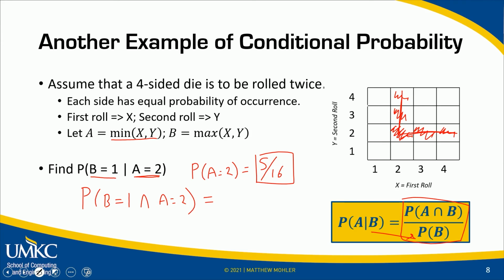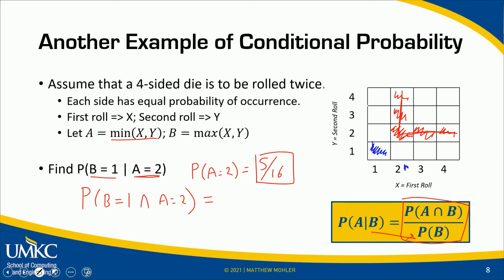Well, there's only one square where that can take place, and that is where both X and Y are equal to 1. Anything larger than that, like this square, for instance, we would say that X is greater than 1. It's 2, and so therefore the maximum would be 2. So in this case, we have a bit of a problem. We have 2 disjoint sets.